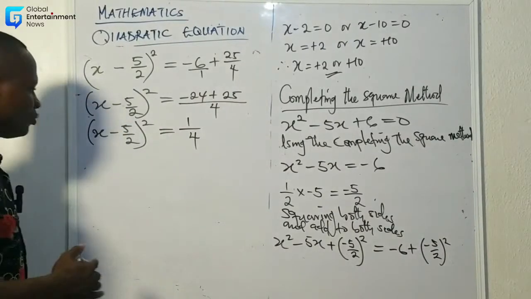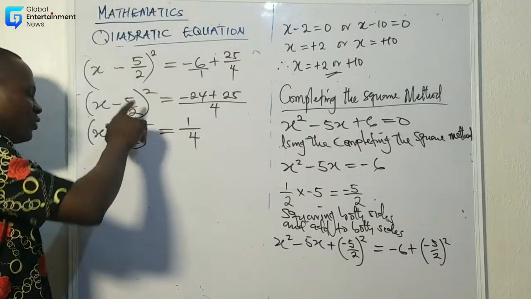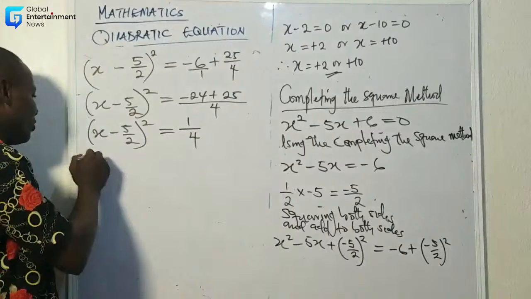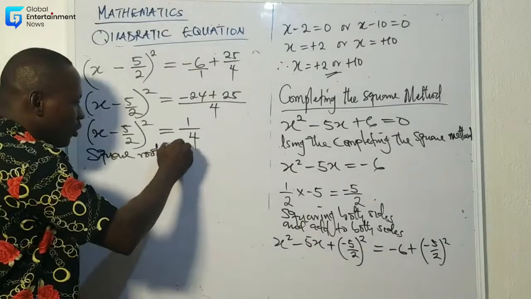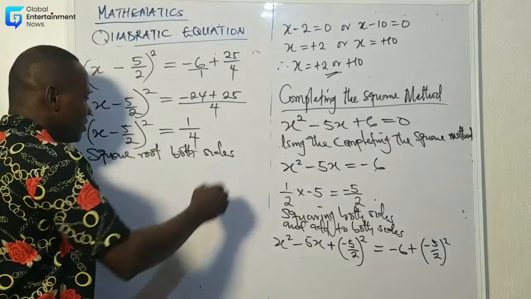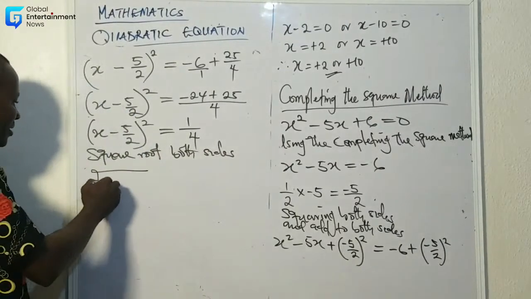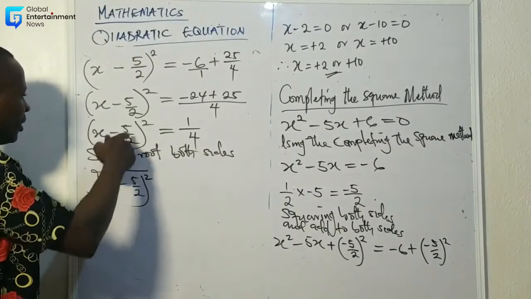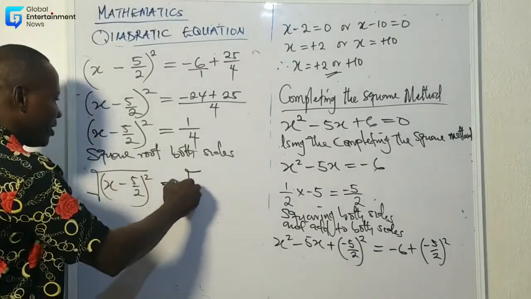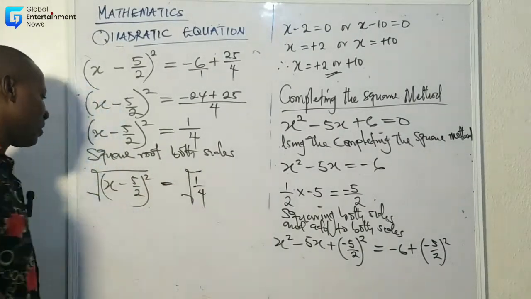Then what do we do now? We square root both sides in order to remove this 2. If we square root both sides, it's going to be x minus 5 all over 2 all squared is equal to the square root of 1 all over 4.